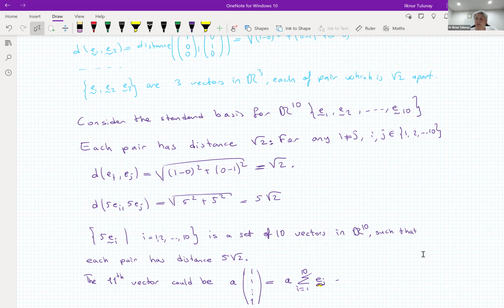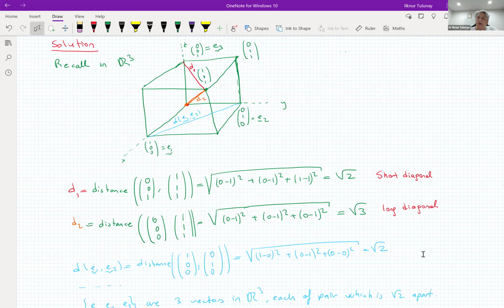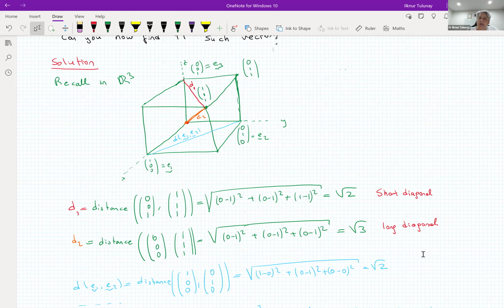add to this list? Another important point here: we look at our experience in R3. In R3, we have this particularly important point, 1, 1, 1. And we also know that the distance between it and any of E1, E2, E3 is again root 2.